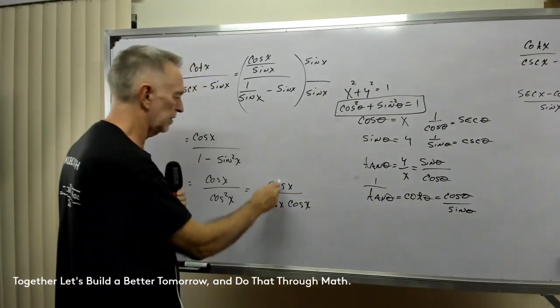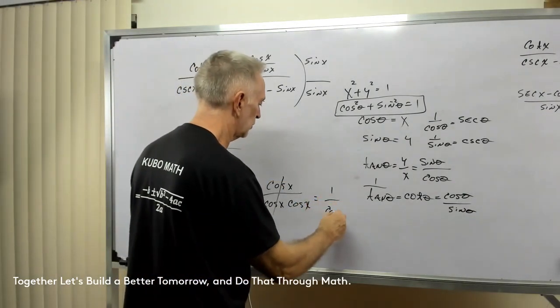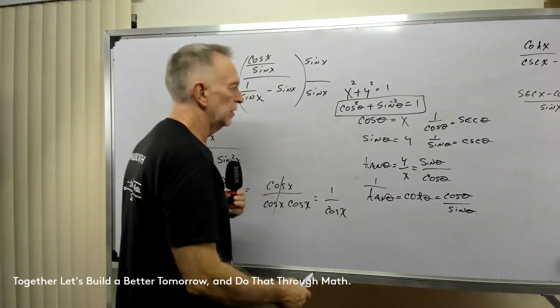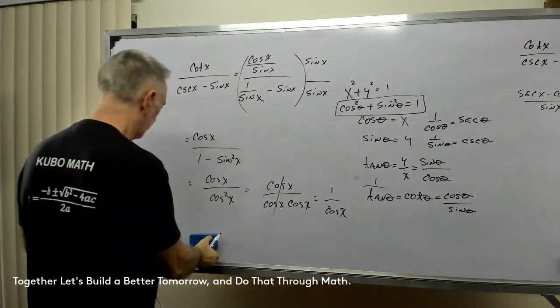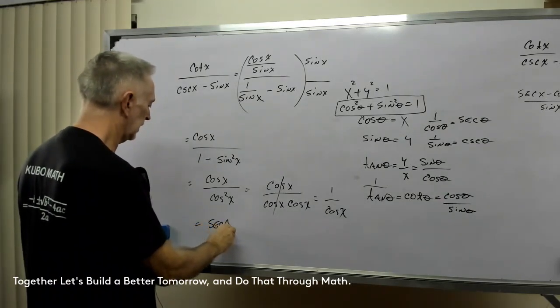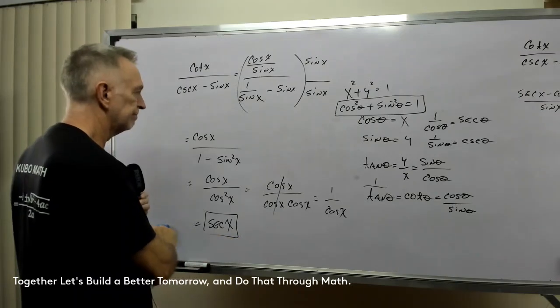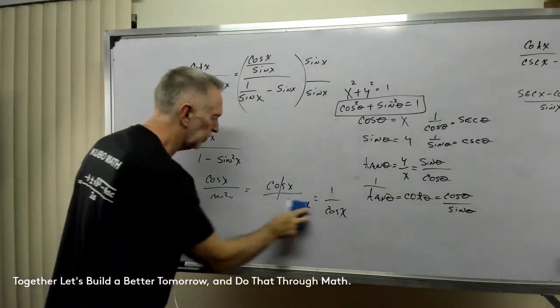One of those cancel, and it gives me 1 over cosine x. Well, what was 1 over cosine? It's secant. So this ends up being secant x. Okay, 2 down.